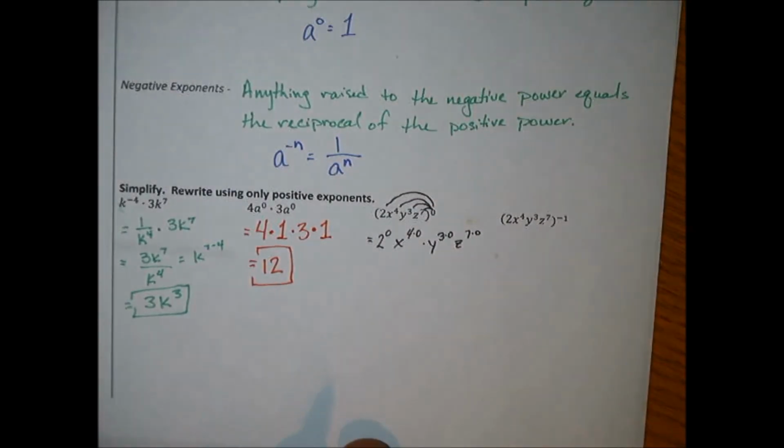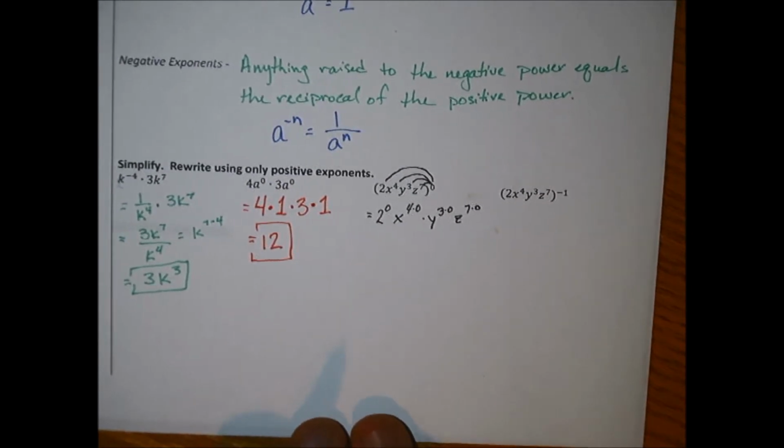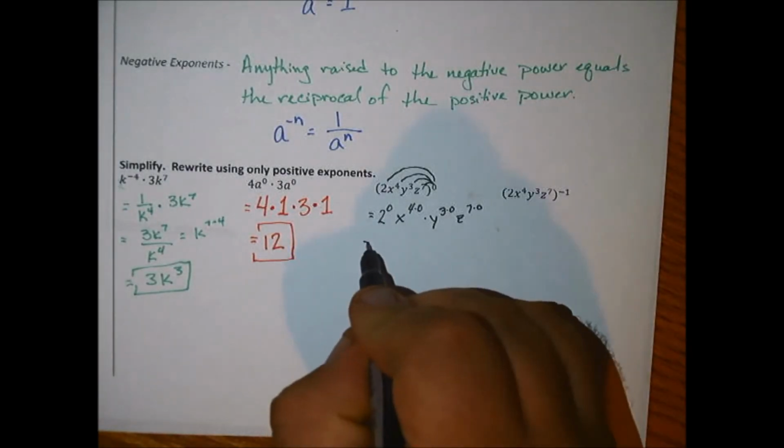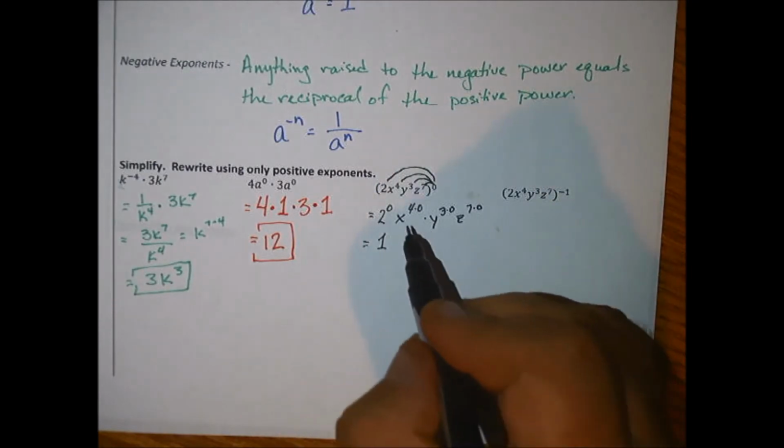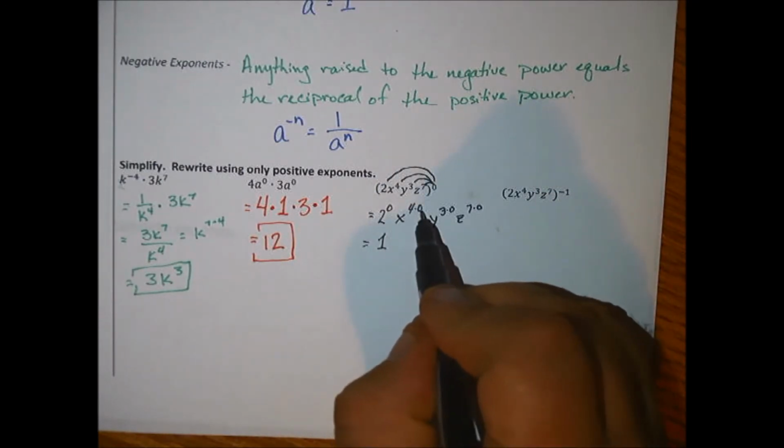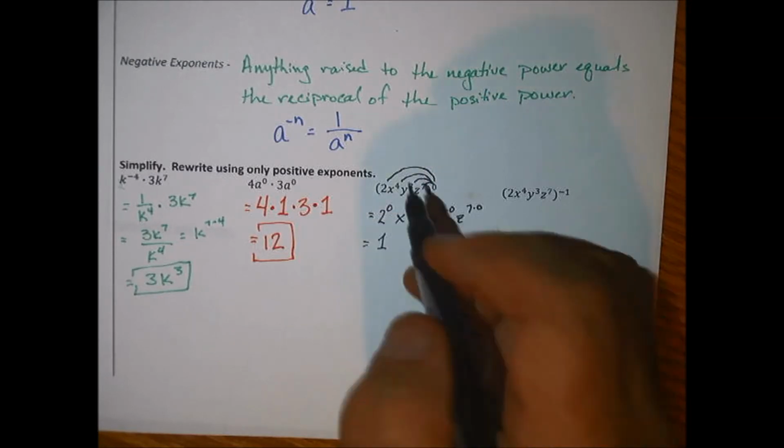So really, it says to rewrite using only positive exponents. That's done in a way. And here's what I mean by that. So 2 to the 0, we know that's going to be 1. 4 times 0 in this exponent, well, anything times 0 is 0, right?